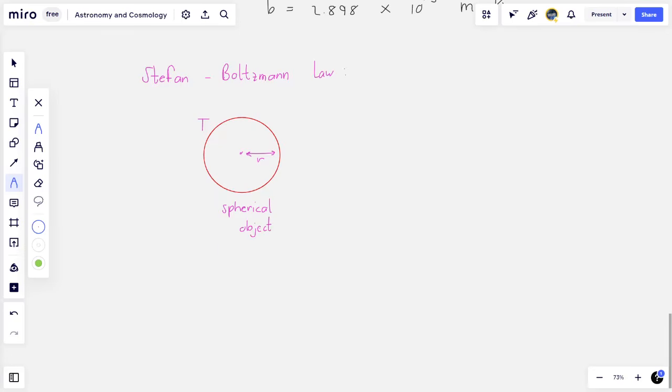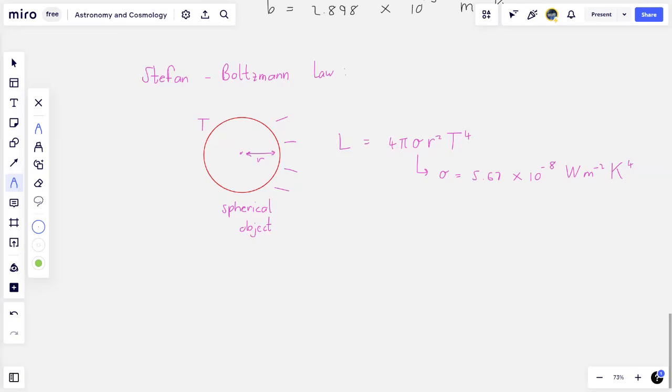So any spherical object that is radiating energy because of its high temperature has a luminosity L that is equal to 4 pi, the Greek letter sigma, R squared T, the absolute temperature, raised to the power 4, where sigma is the Stefan-Boltzmann constant, and this is 5.67 times 10 to the minus 8 watts per square meter Kelvin to the power 4, which we can see if we were to just rearrange this equation. And so this equation gives us a relationship between luminosity and temperature.